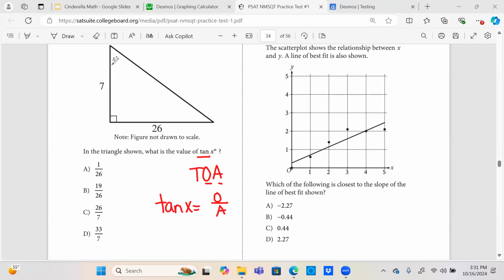So from that x, opposite means come straight across. This one's opposite, and the adjacent is the flat leg touching you. So from that x, the flat one touching him is 7. So that's the adjacent. That will give us that the tangent of x is 26 over 7. If you could reduce, we would, but that one doesn't.